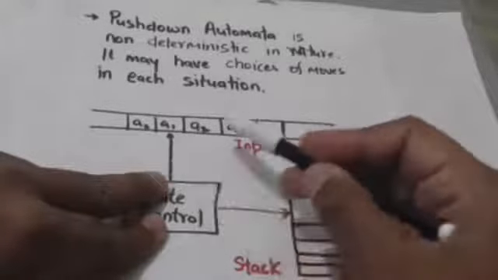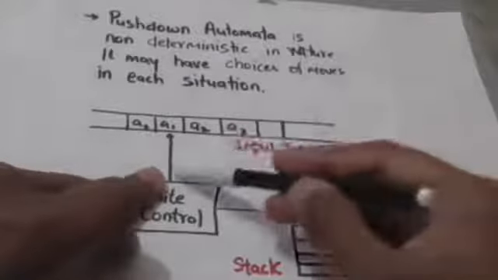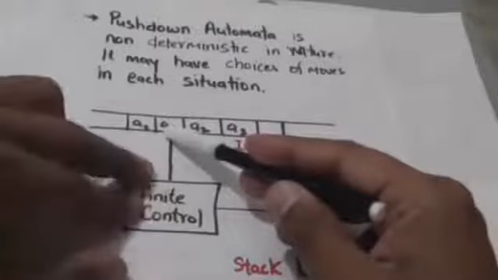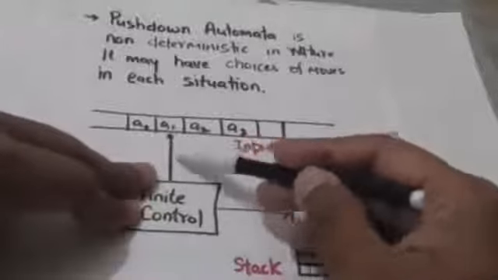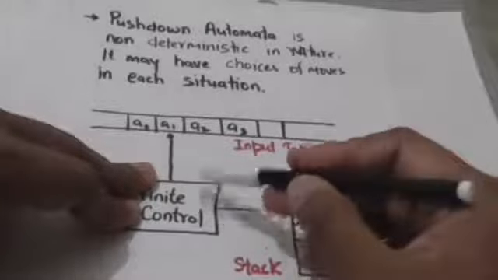Such types of moves in which pushdown automata doesn't read input symbols from the input tape are called empty moves.